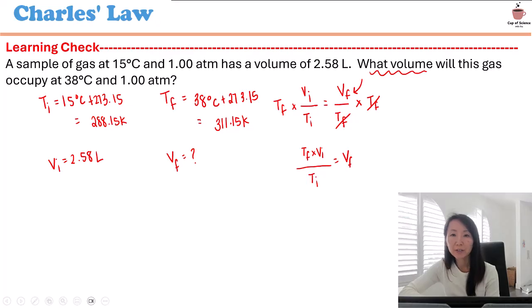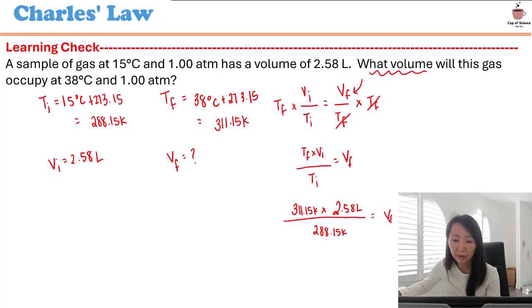So those are my two temperatures. Let's plug them in. 311.15 Kelvin. And then we have our volume initial, which is 2.58 liters. Then all over the temperature initial, which is 288.15 Kelvin.